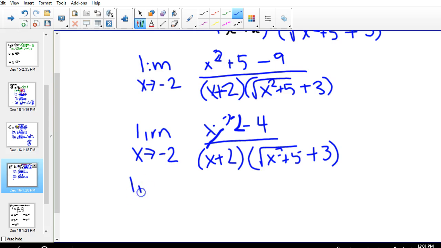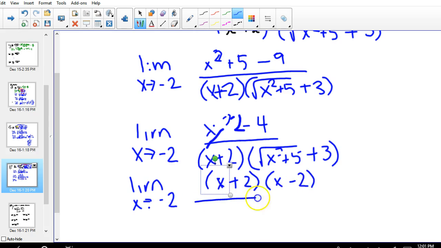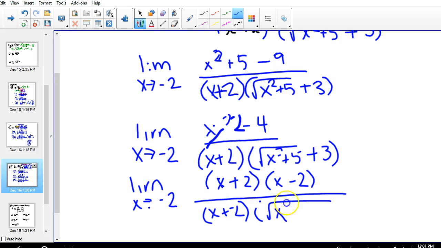So if we do, we've got the limit as x approaches negative 2 of x plus 2 times x minus 2 over x plus 2 times the square root of x squared plus 5 plus 3.